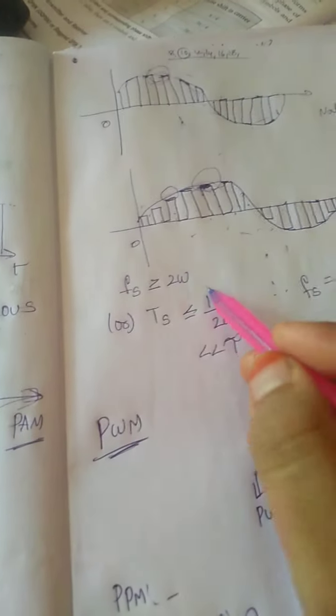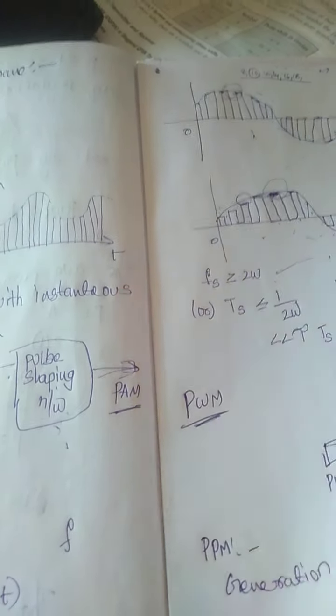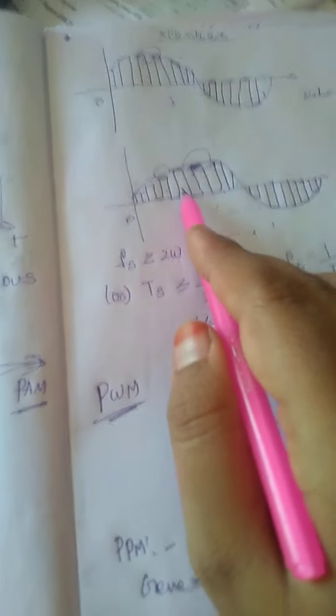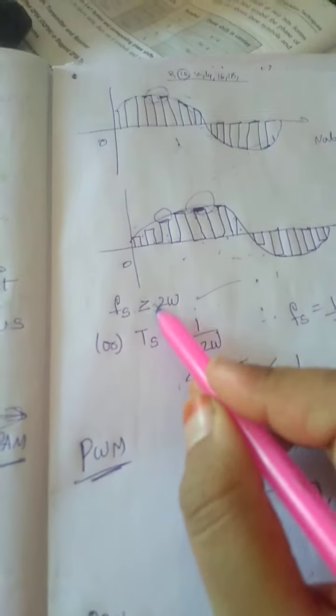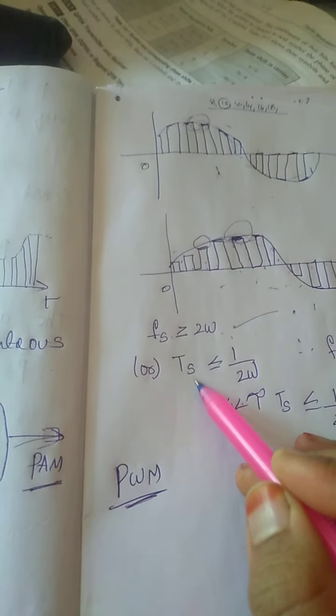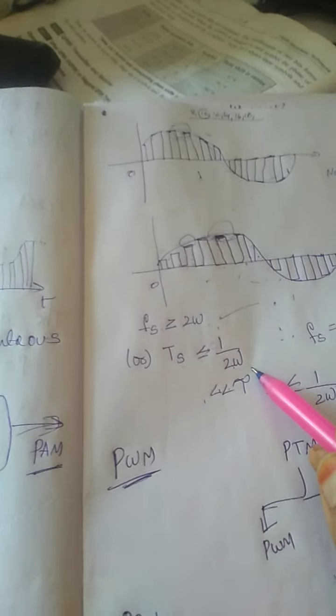Now see, the condition is Fs is greater than or equal to 2W, and Ts, the transmission time, is less than or equal to 1 by 2W. Why? Because we need to know the transmission bandwidth, the bandwidth of the signal in a PAM.